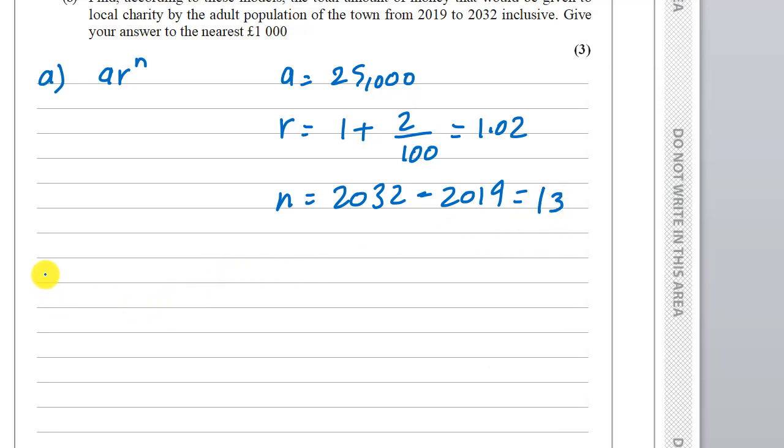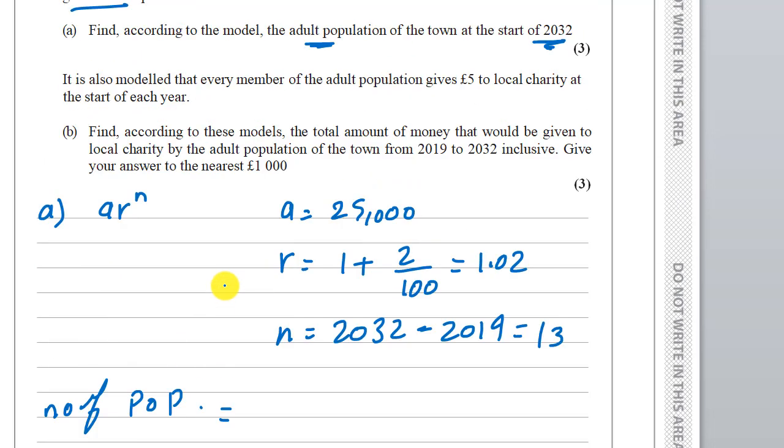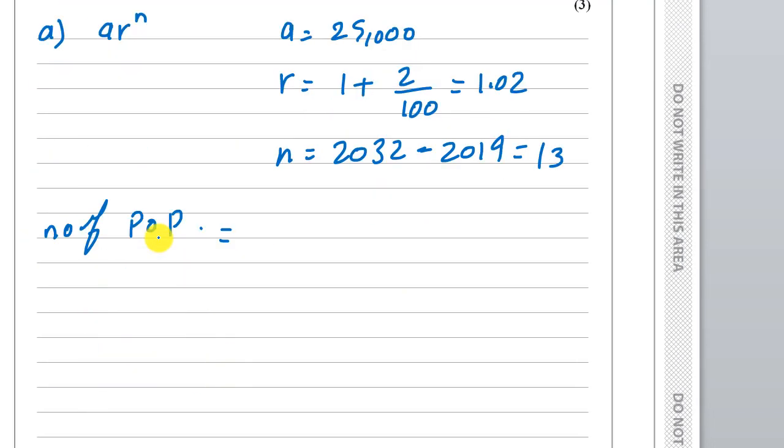So population is equal to a r power n, so 25,000 multiplied by 1.02 power 13.